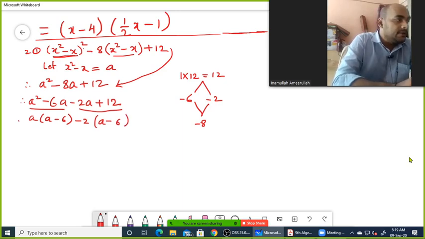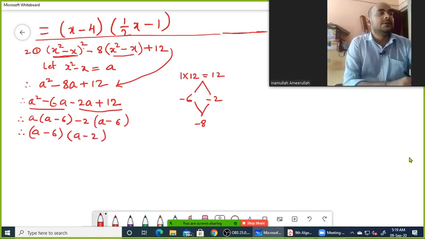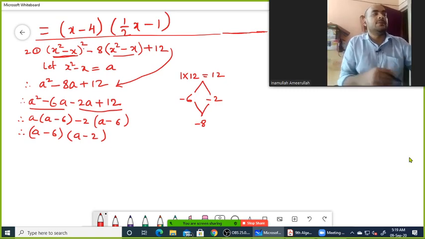A minus 6 is common. So this is one factor, and the other factor is a minus 2, like this. So these are two factors of the polynomial a square minus 8a plus 12.